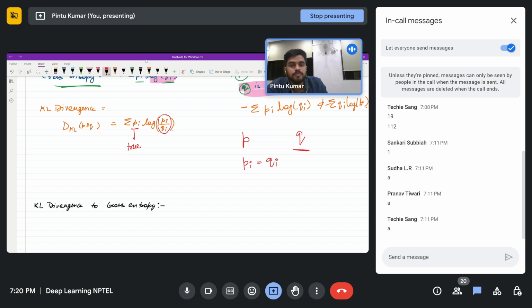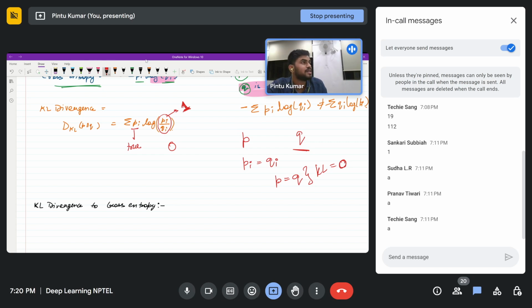This term would become 1, right? If the term inside the log becomes 1, then overall you would get a value of 0. So if your P is exactly the same as Q, then your KL divergence is 0.